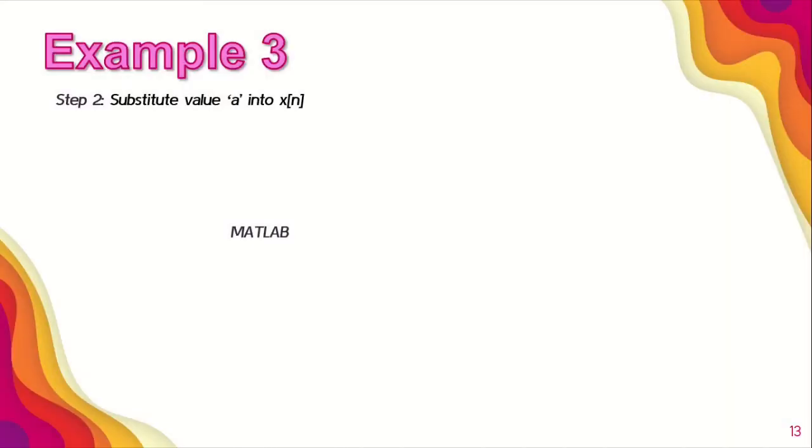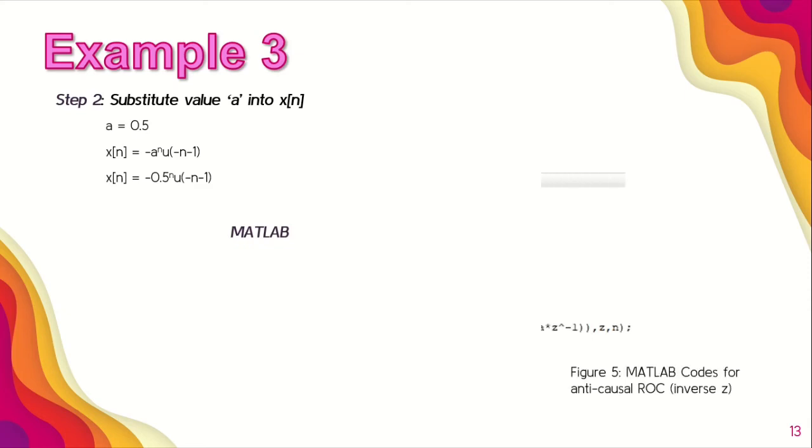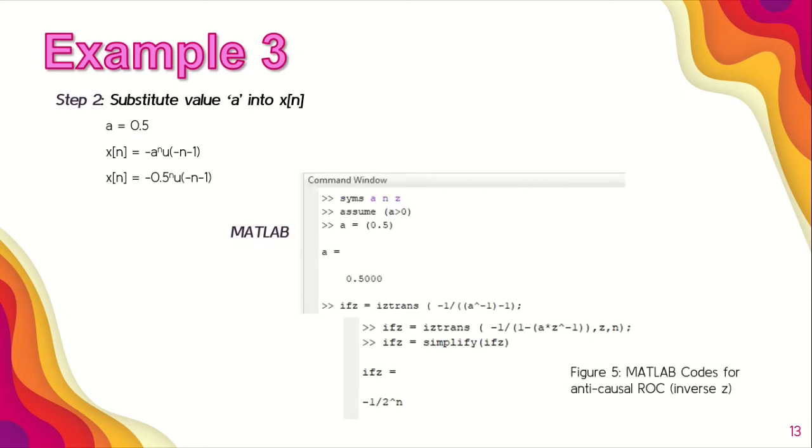And then step number 2, substitute the value a into x[n]. x[n] is equal to negative a to the power of n u[-n-1], and we will get x[n] back.